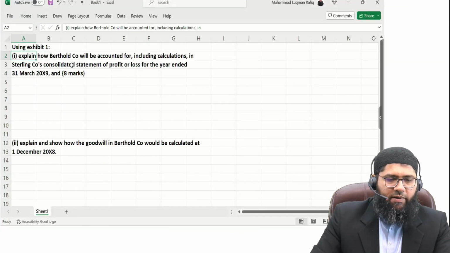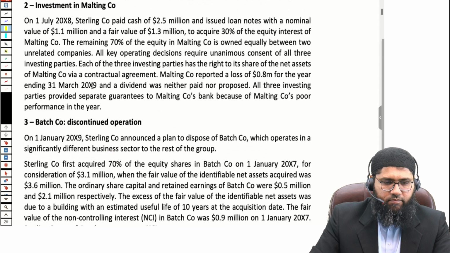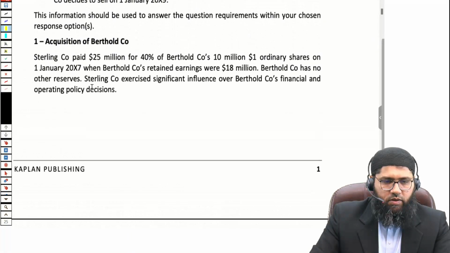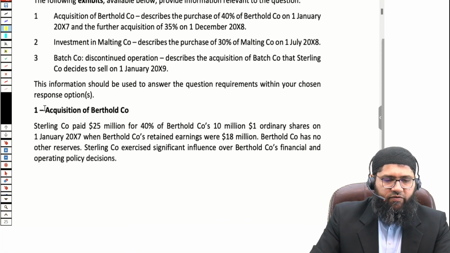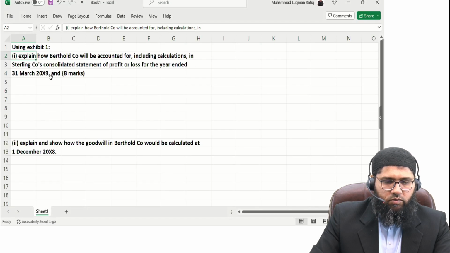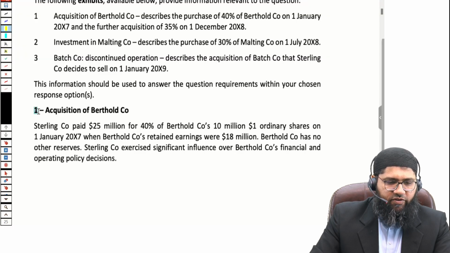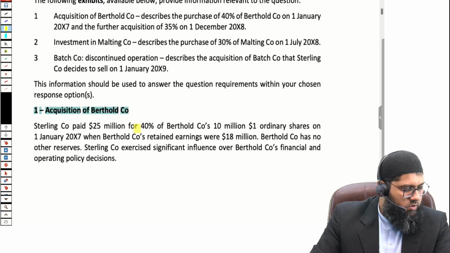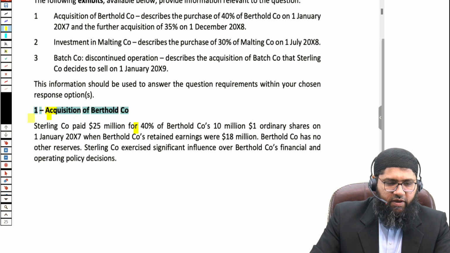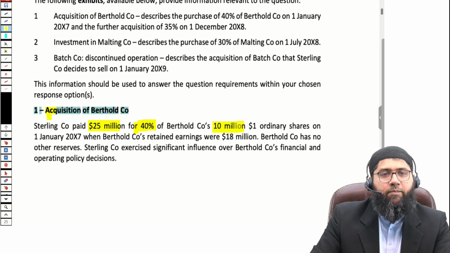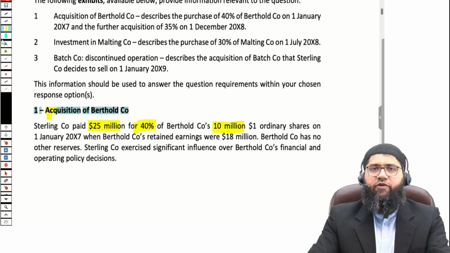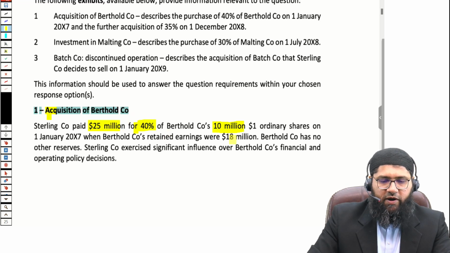So we have the requirement on the Birdhold company: acquisition of Birdhold company. It says Sterling company paid $25 million for a 40% holding of Birdhold company's 10 million $1 ordinary shares on 1st January X7, when Birdhold company's retained earnings were $18 million.